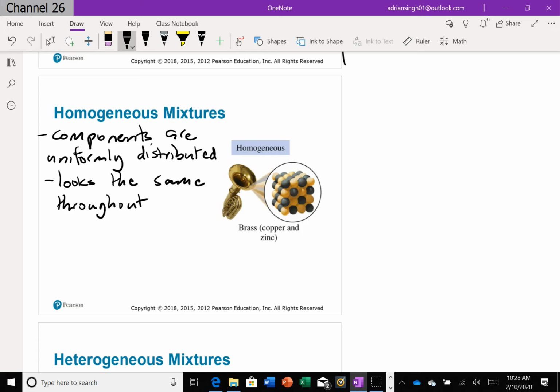So try that if you have a brass fixture at home. It'll be impossible to do that, because it looks the same throughout. It looks uniform throughout. Another example of a homogeneous mixture would be if you take some water, so water is H2O, and you add a little bit of salt to it. So a pinch of salt.